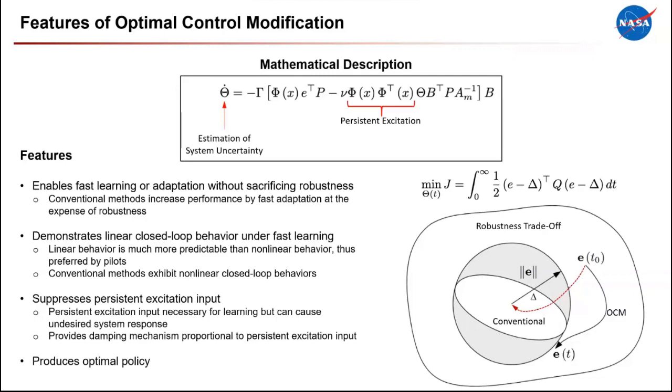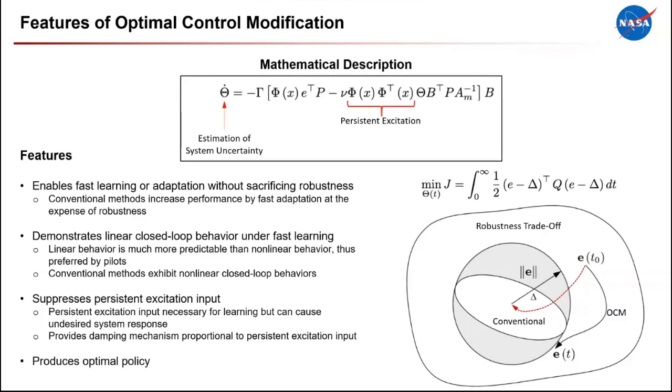The cost function at the top, which is to minimize the error norm of that radius, is what led to the optimal control modification. So the OCM does produce an optimal policy because it minimizes that cost function.